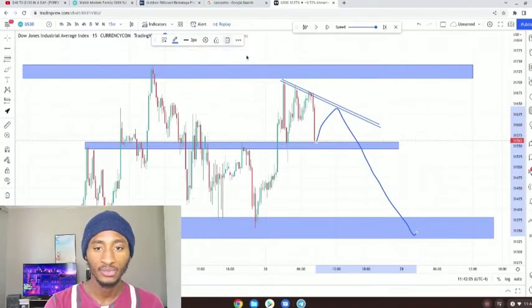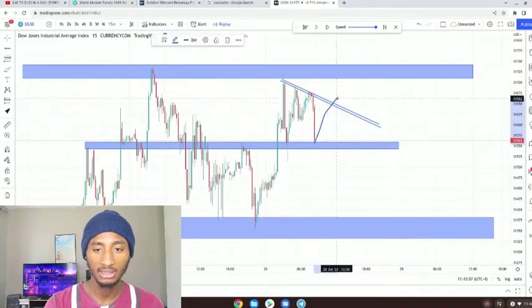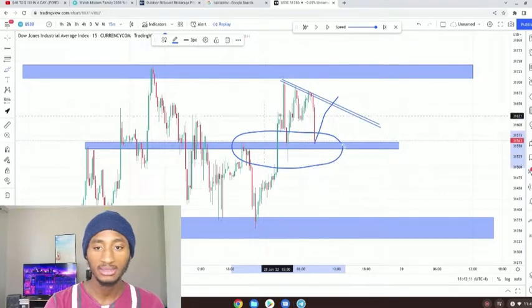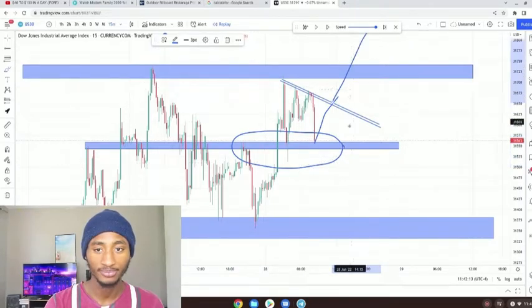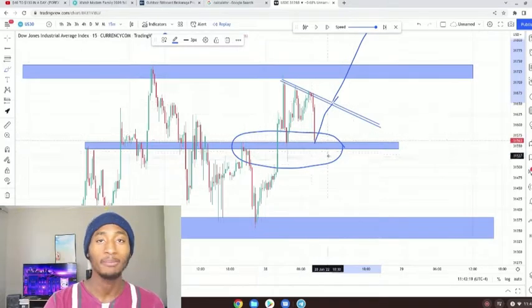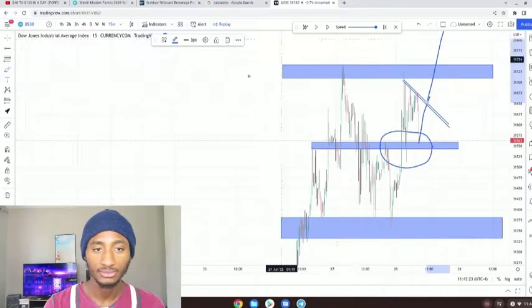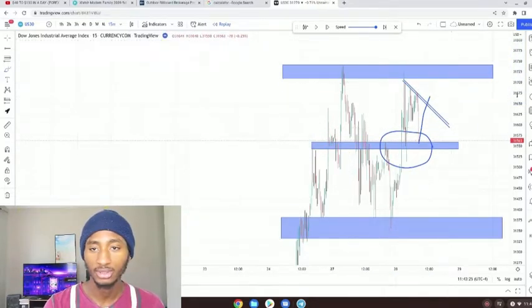Or if market breaks this line, that means market lost its volume down here, and it's going to keep going up. If you break this trend line, it's going to keep going up. That means the market doesn't want to go down. So we're going to see what market is doing.